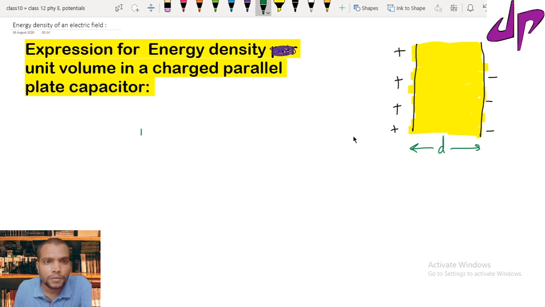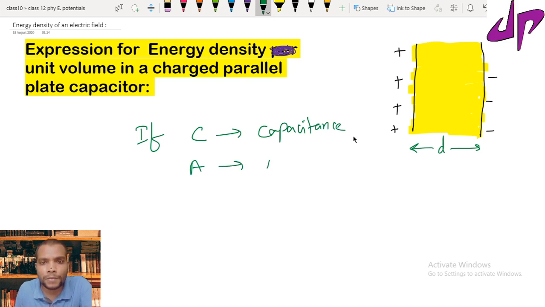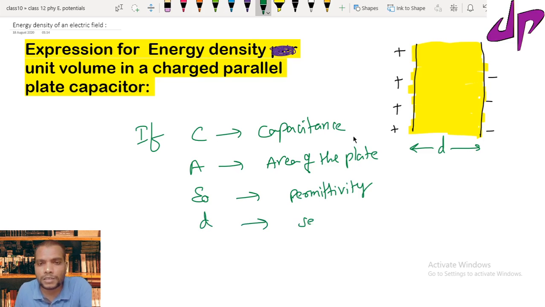Now if C is the capacitance, A is the area of the plate, epsilon naught is the permittivity, and d is the separation distance.